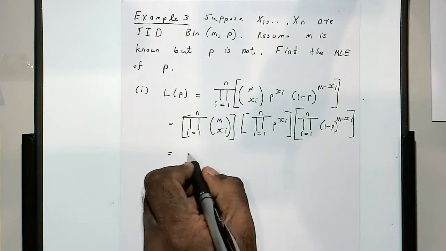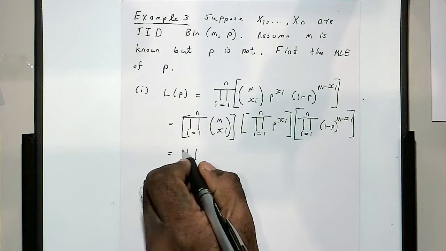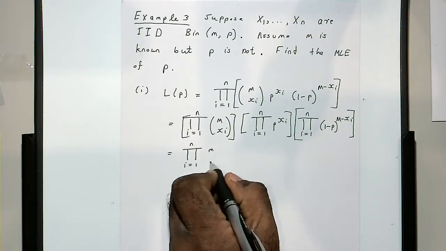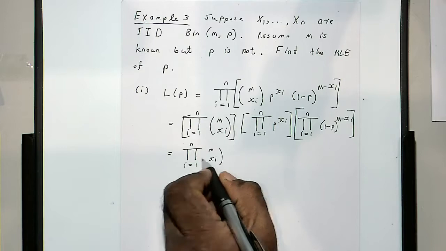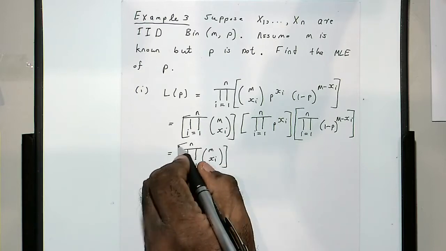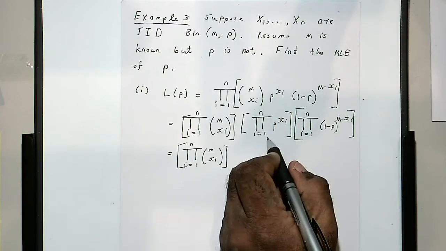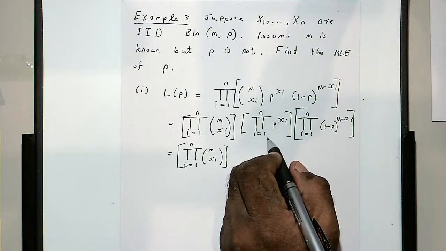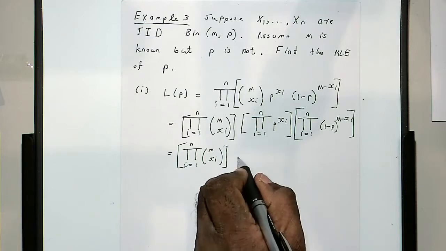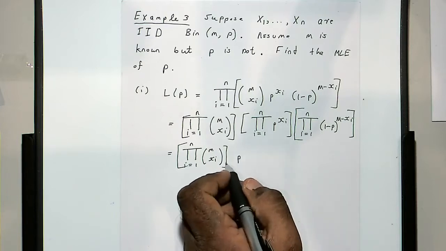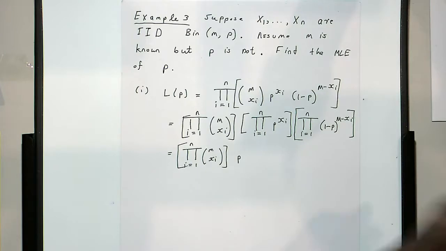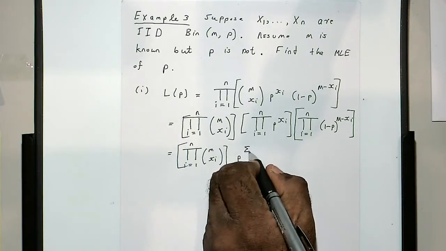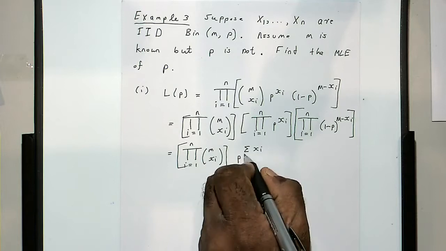Don't be alarmed by this. You have to leave the... Now this one, what does it simplify to, you think? This will be P plus the sum of xi, i from 1 to n.